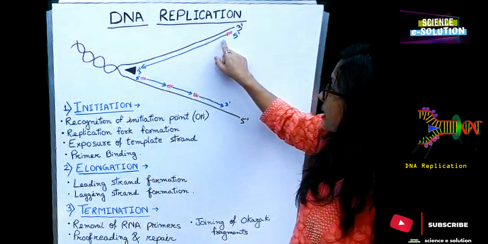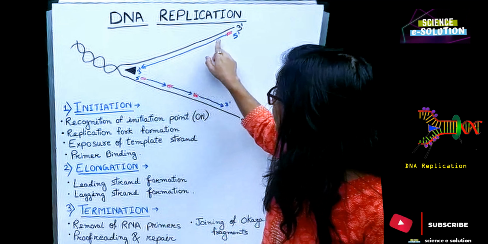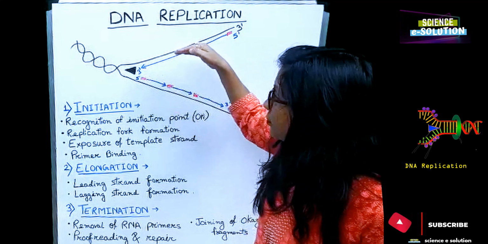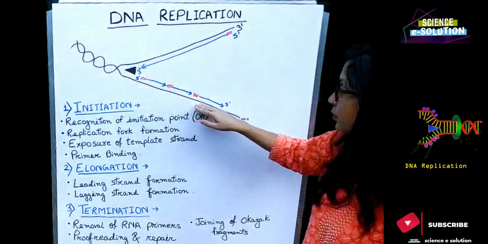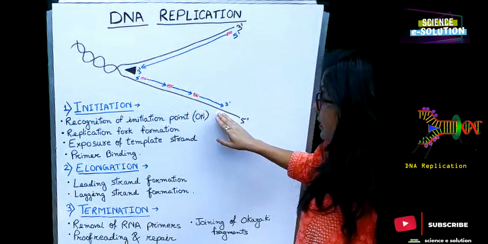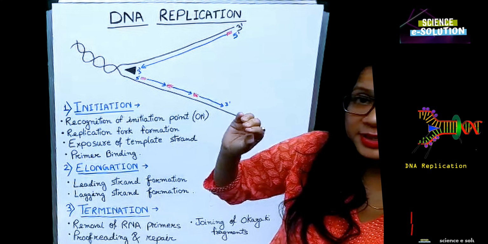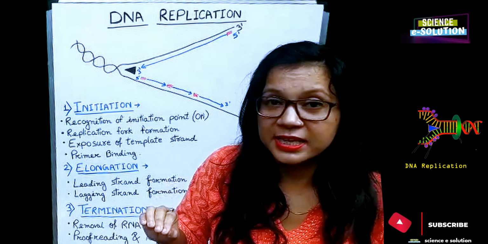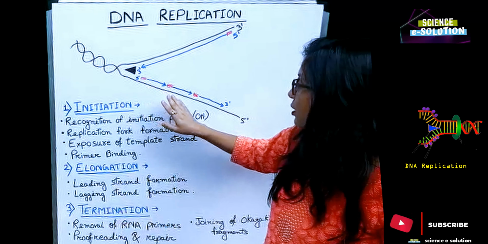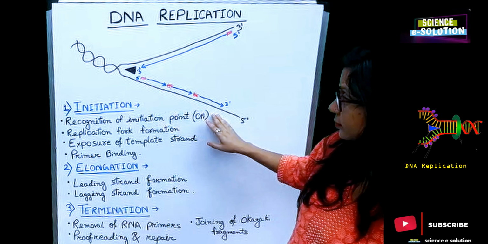So this strand is synthesized towards the motion, and the other is against the motion. That is why it is synthesized in smaller fragments. This is done by DNA polymerase 1 in prokaryotes and alpha in eukaryotes.